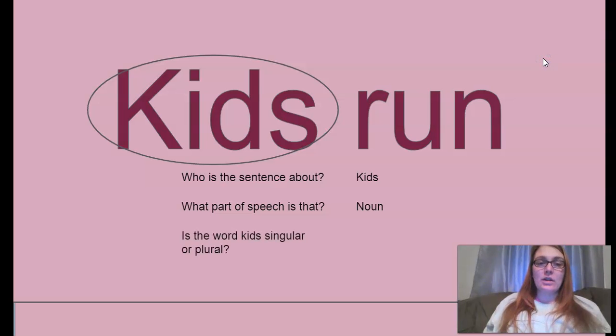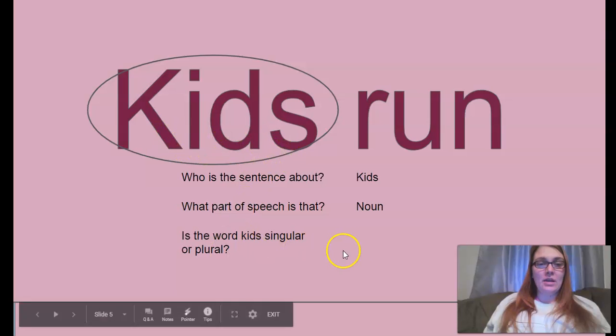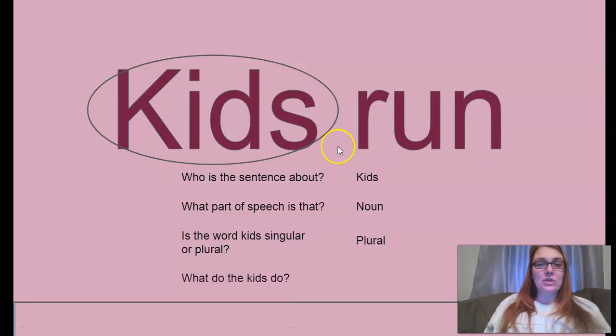Is the word kids singular or plural? Looking at the word, we see an S, which shows that it's more than one, meaning plural. Okay, and what do the kids do? The kids run. Good, which is our verb. So we're going to underline that again with a squiggle line.